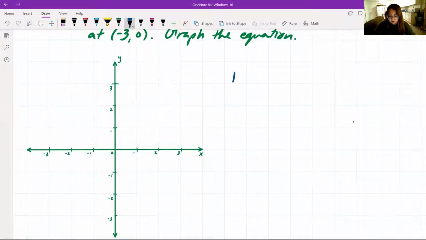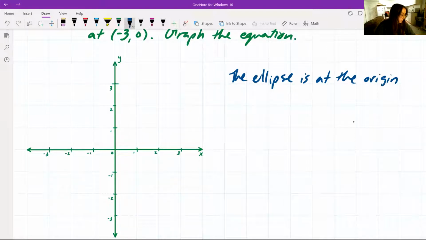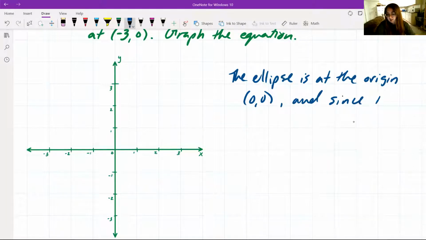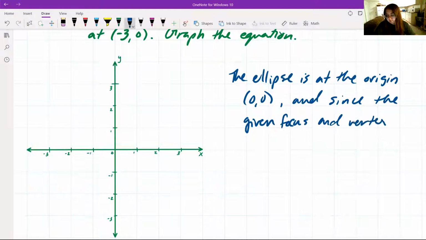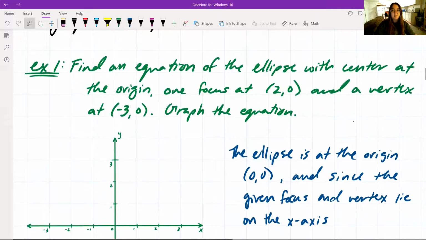So we already know the ellipse is at the origin, which is at 0, 0. And since the given focus and vertex lie on the x-axis, we know that it lies on the x-axis because the x values are the ones that actually have values and are not 0.